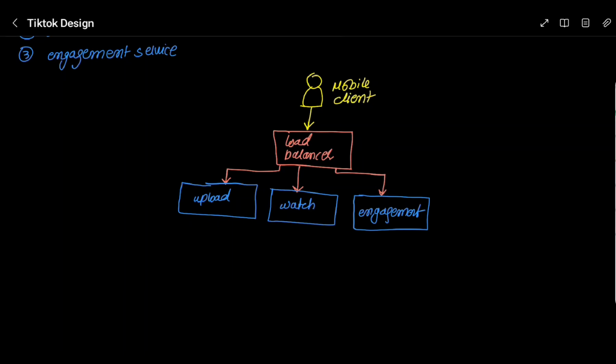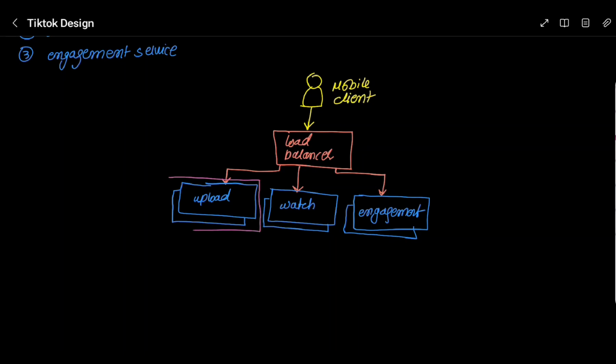but we won't be keeping individual services over here. Obviously, we need multiple services running at a time. So we have a load balancer and multiple other services, which can be encapsulated into an auto-scaling group.